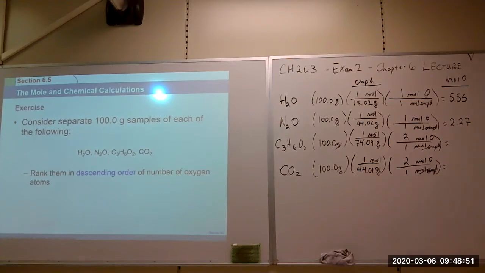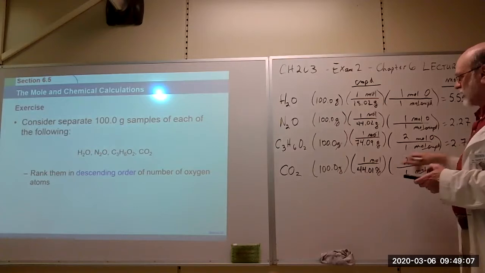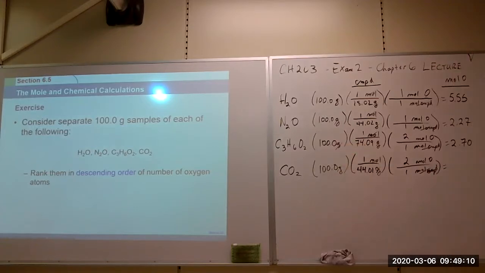And the next one, 100 divided by 74.09 times 2 is 2.70, rounded off. I could have kept a fourth one actually, because that has 4 significant figures. We're only going to put them in order, so it really doesn't matter, as long as they're not different at the 4th digit of the 3rd decimal place. Then the last one, 44.01 times 2 is 4.54.